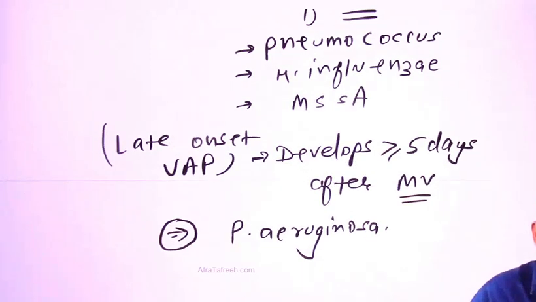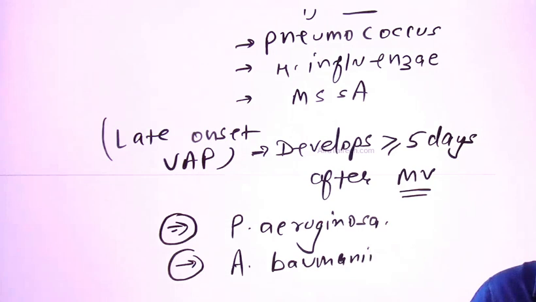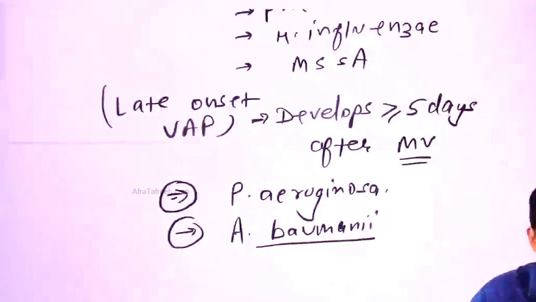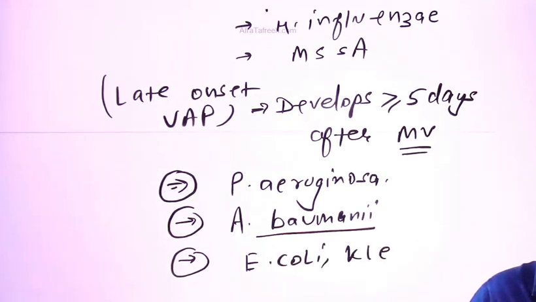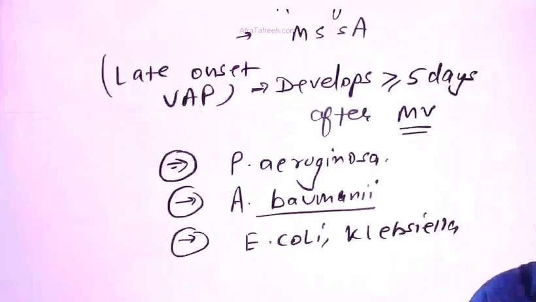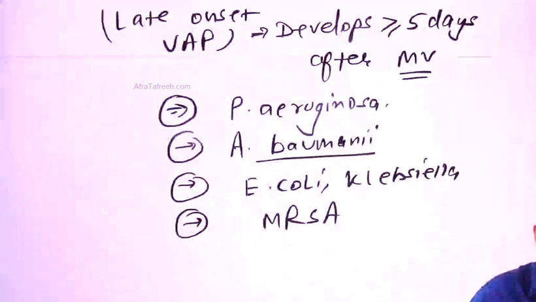Those dreaded ones, like Pseudomonas aeruginosa, and its brother Acinetobacter baumannii, which as per the WHO has been characterized as an organism to be looked out for. Its critical importance has increased. Then their brothers like E. coli and Klebsiella you can also get, but mostly in the late onset VAP. And here there might also be entry of MRSA, methicillin resistant Staph aureus.